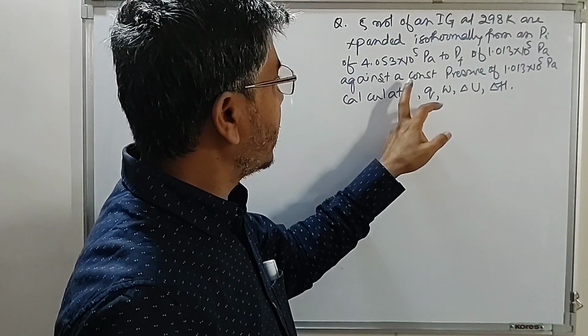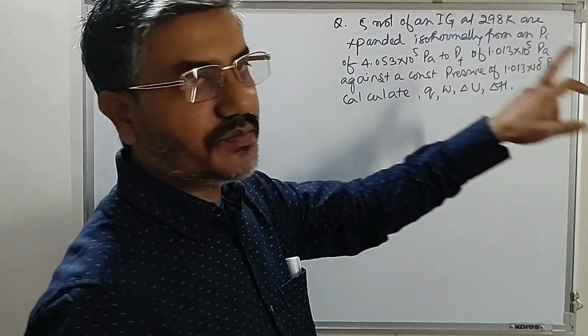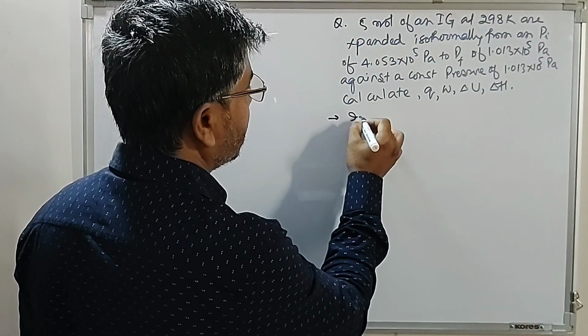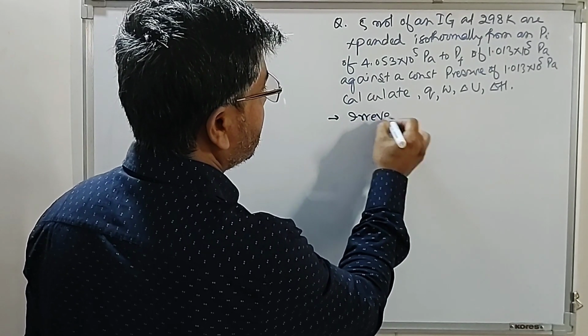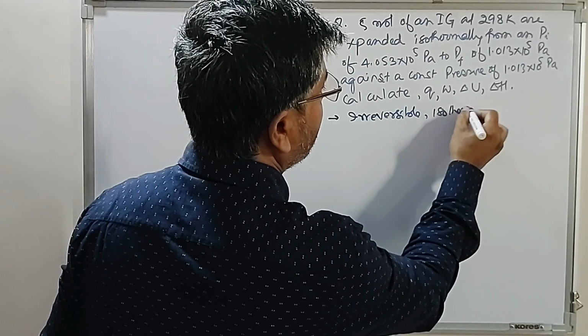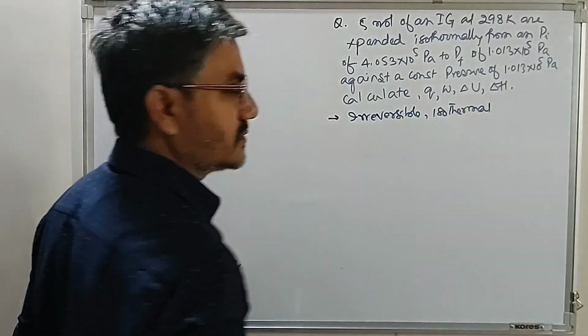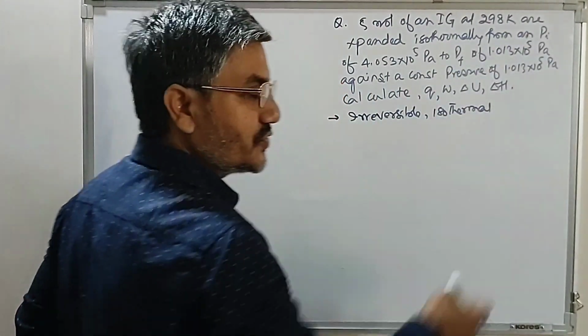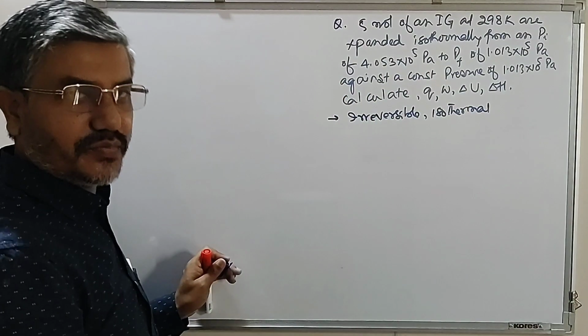So the question says against a constant external pressure. That means the process is irreversible. This is an irreversible isothermal process.